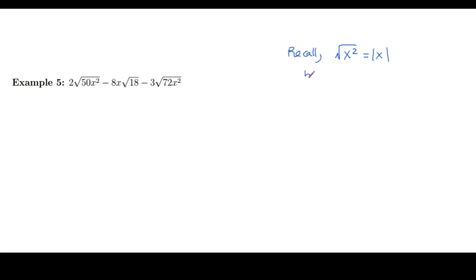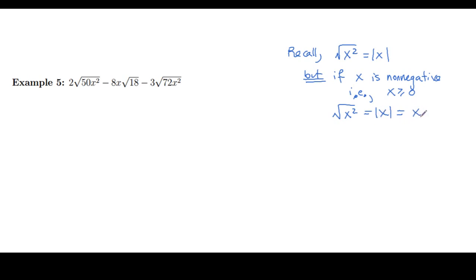But if x is non-negative, in other words, if x is greater than or equal to 0, then when you take the absolute value, that's going to be the same as x.